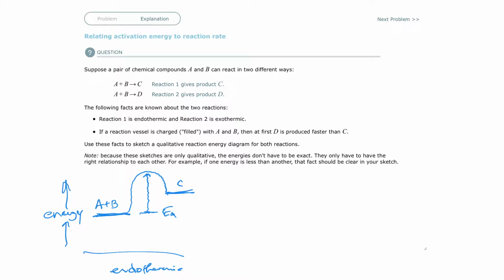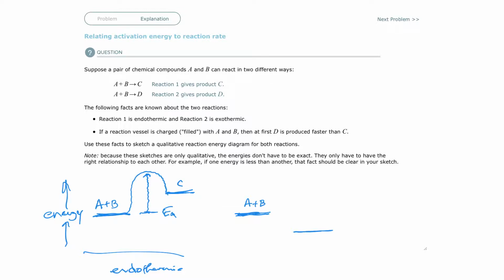The opposite would be exothermic. You're going to start at that same level. So here's A plus B, and it's exothermic. That means your heat energy is going to leave. If it left, it means it was there to start with. It was stored in the bonds of the reactants, and now the bonds of the products don't need that much energy, so the remaining energy leaves.